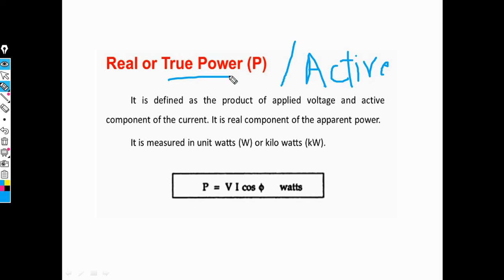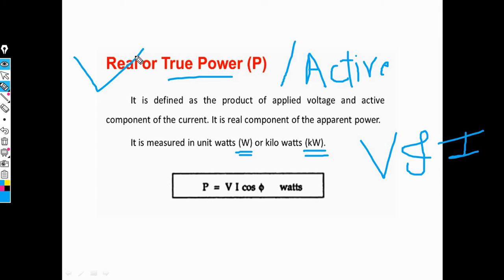That is, active power is the product of voltage, current and the cosine of the angle between voltage and current. That is P is equal to VI cos phi. This power is measured in watt and kilowatt. This is the concept of real power, true power and active power.